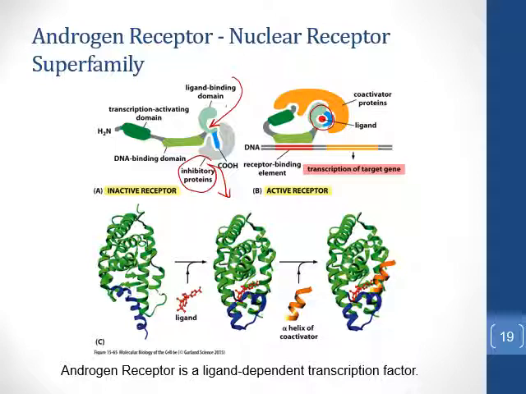So in this case, unlike cortisol, it's not so much that the transcription factor needed to be translocated to the nucleus. In this case, your transcription factor is already in the nucleus. It's just not active. And it's not active because it has this inhibitory protein bound to it, and it can't bind coactivators.